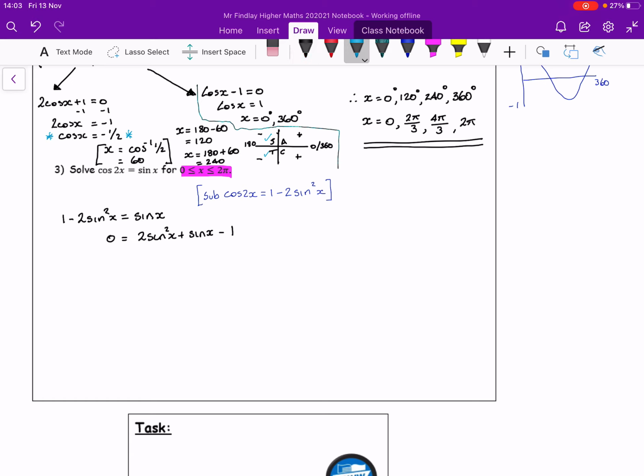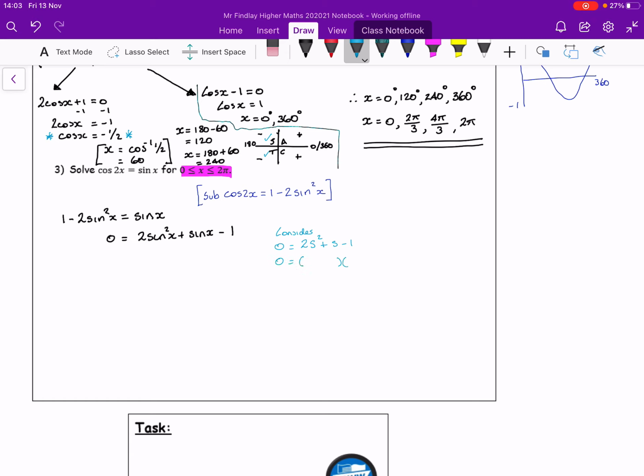Again, like I said with the previous one, I'm going to consider this trig quadratic as a simplified quadratic. 2s squared plus s minus 1 is equal to 0.